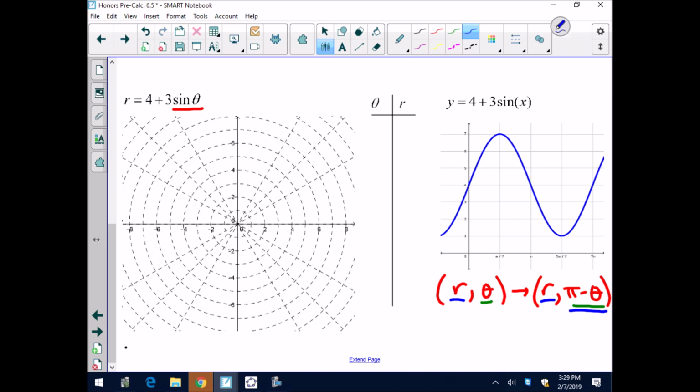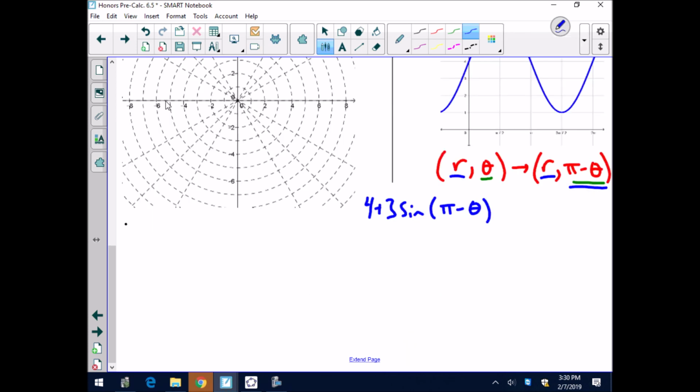And here I will have 4 plus 3 sine of pi minus theta. And I can say I'm going to have 4 plus 3, and with the difference identity for sine, we have sine pi cosine theta, minus cosine pi sine theta.